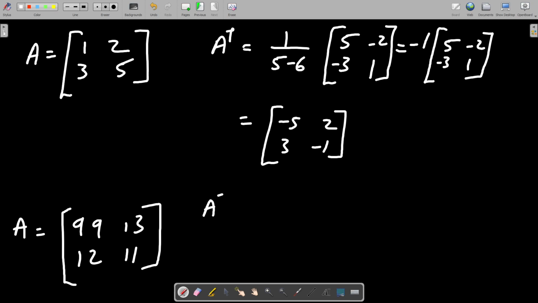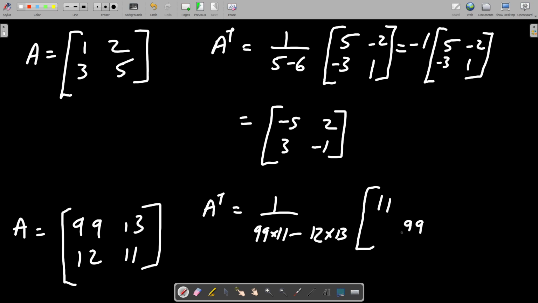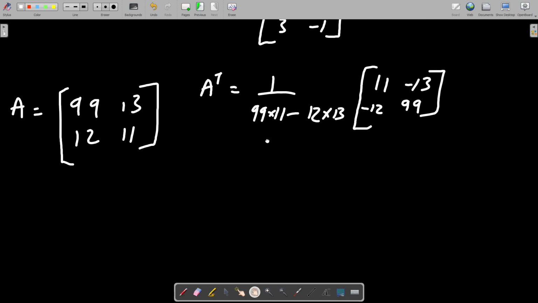Okay, what is the A inverse? A inverse will be 99 into 11 minus 12 into 13. This is the only big calculation you have to do. Other than that, this is the same thing. But this calculation is also not so difficult. What is 99 into 11? 1089.